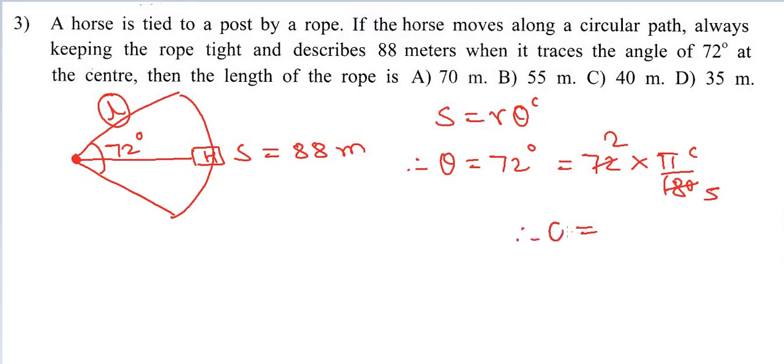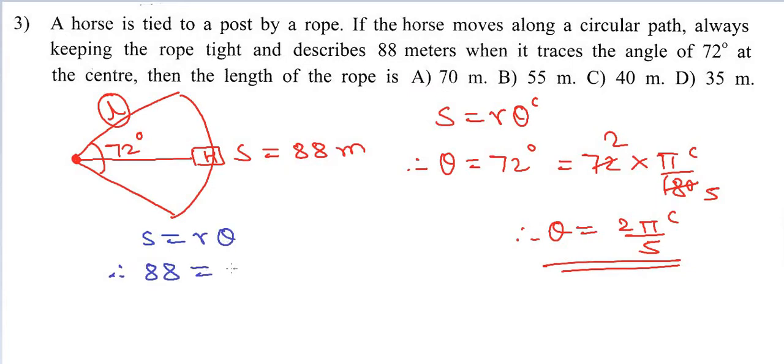Therefore we get theta is equal to 2 pi by 5 radian. Now let us substitute this in the equation S is equal to R into theta. Therefore 88 is equal to R, which is the length of the rope, into 2 pi by 5.